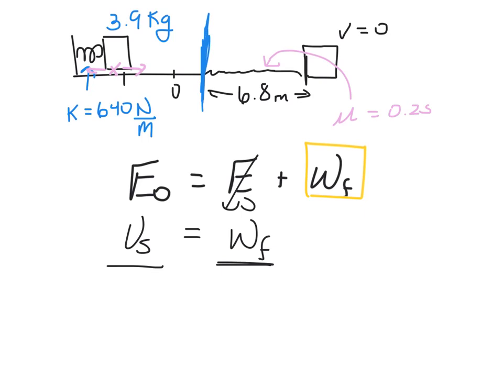So, the maximum energy that anything could have is when it is the only form of energy that exists at that point in time. So at the beginning, only form of energy, spring energy. When it's moving without touching the spring or the rough surface, maximum kinetic. When it's stopped completely, there is no more motion, no mechanical energy. All of that energy has to be heat, and it'll always have to be the same value.